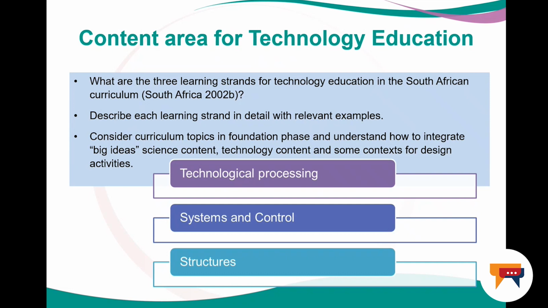When you look at systems and control, this is the content area that is divided into mechanical systems and electrical systems. Learners explore systems and control in contexts like transport, lighting, and household devices such as washing machines, fridges, and fans. And when you talk of structures, this focuses on practical solutions that involve supporting loads and ways of making products that are tough, stable, and strong, where forces are applied to them.